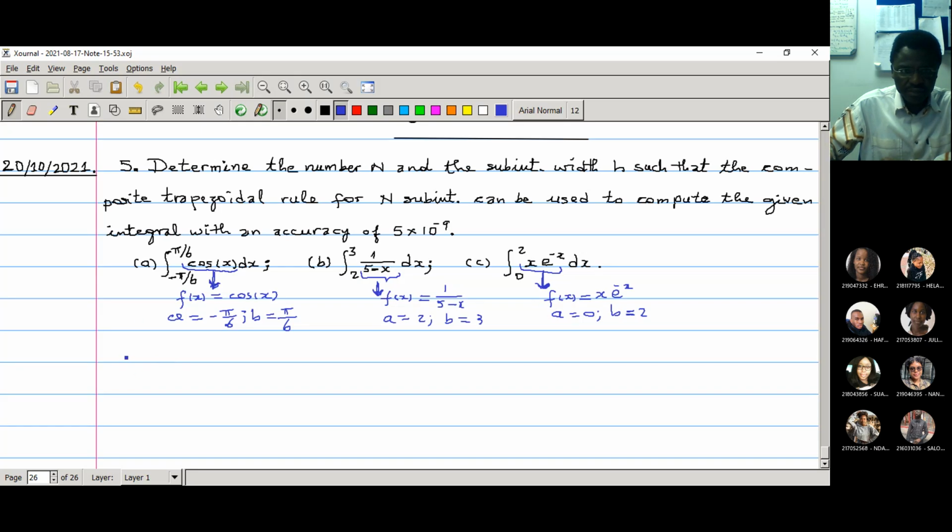What is the error term for the trapezoidal rule? What is this equal to? If you don't answer, I will skip this question and I will continue.